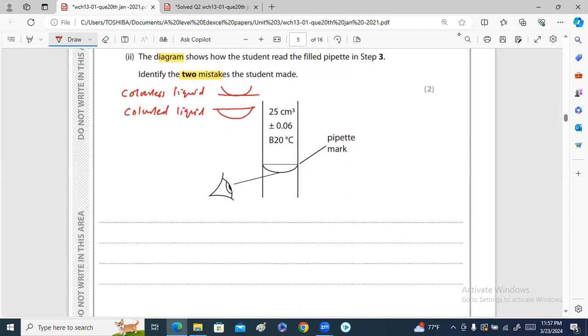Number one, the bottom of the meniscus should be marked. He has marked the upper meniscus, so he should mark the bottom of the meniscus. So the number one mistake is that the bottom of the meniscus should be marked.